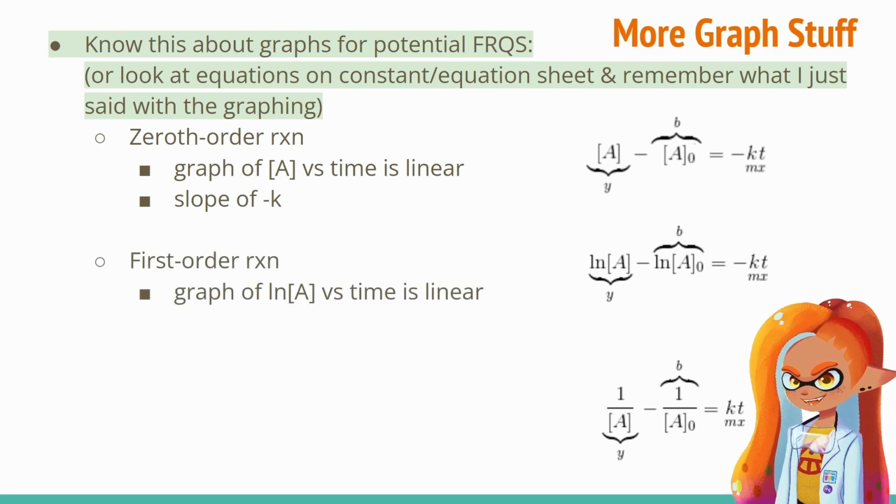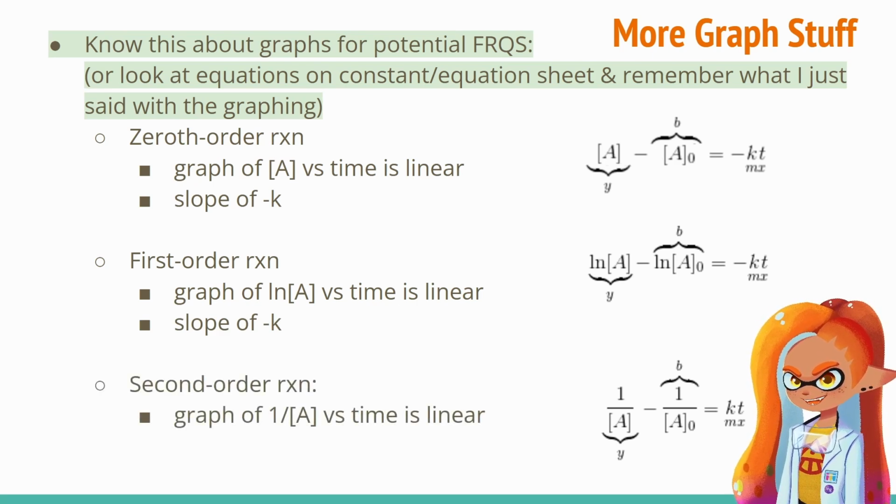So the first order, we're talking about natural log being the y, and then you have time, and that is linear. And then your slope is negative k, just like it's shown here. And then I could say the same thing for the second order, where I have the y being 1 divided by concentration of A, and then in this case, the slope is k, not negative k. So you just keep that in mind.